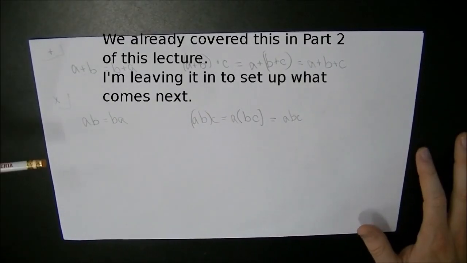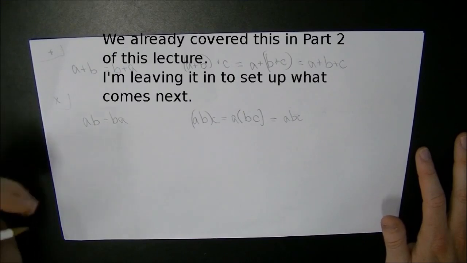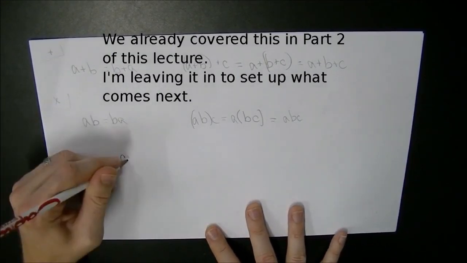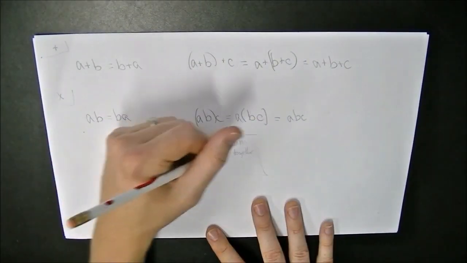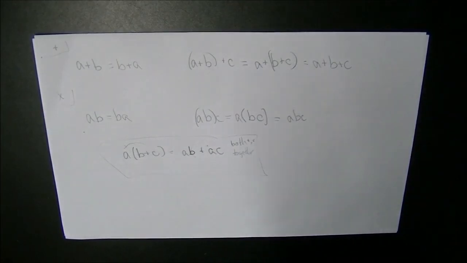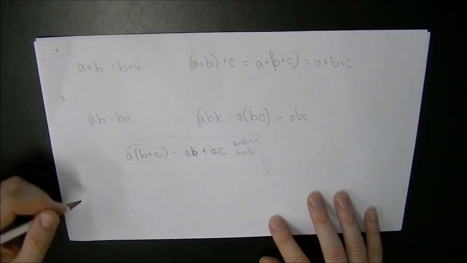So we have these rules about how addition works and about how multiplication works, but how do they interact together? And that's the distributive law that we mentioned. Both addition and multiplication together. That's the distributive law.